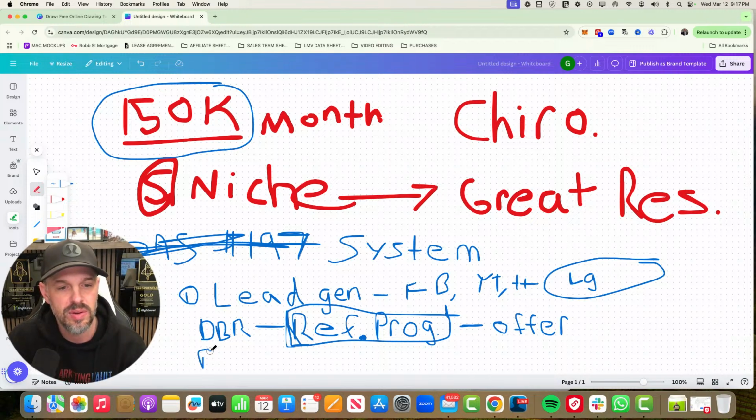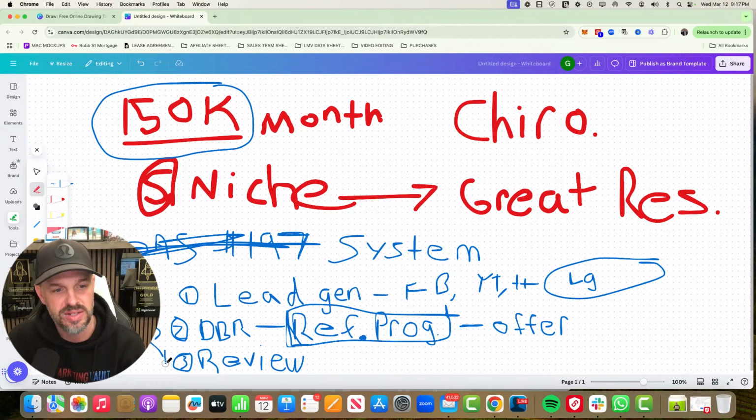And then I wrote this down. Reviews: help their Google business profile and also get them more reviews. By the way, this is 1, 2, 3 services. And the cool thing is that if you need a list to do this, you could use the same list to do this.